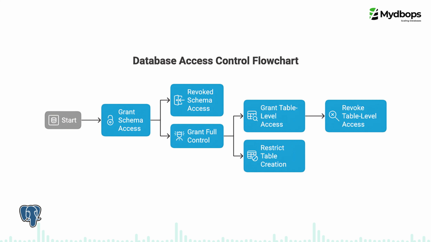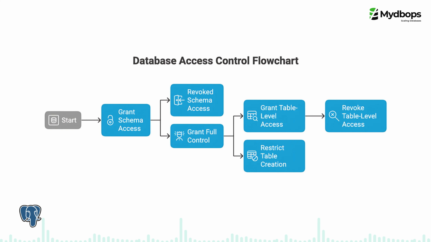But how do schemas actually make a database more secure? It all comes down to access control. Schemas give you fine-grained control over who can access what parts of your database. You can specify which users or roles have permission to access which schemas and what they can do within those schemas. Can they just read the data? Can they write data?